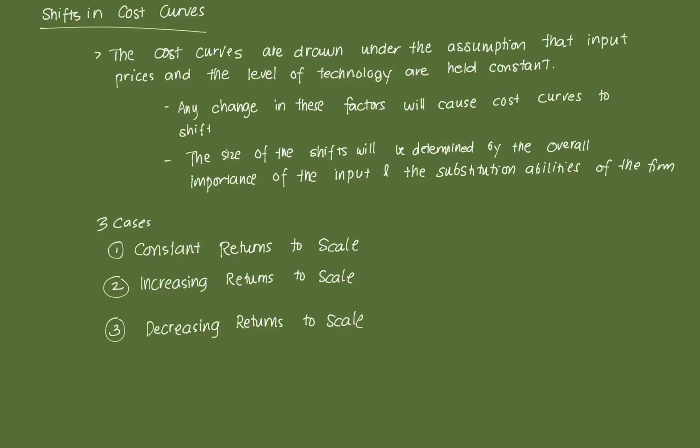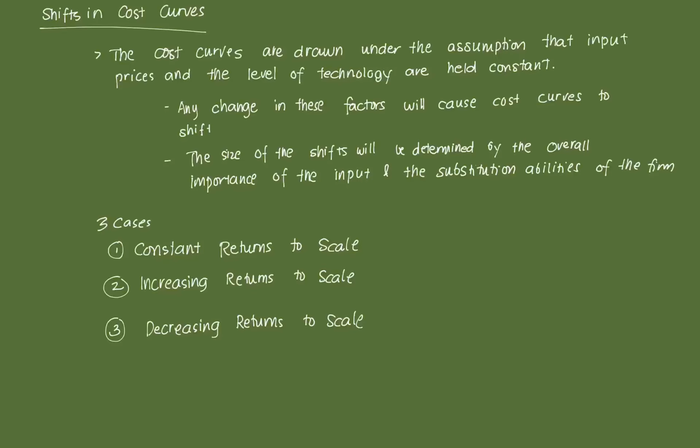So let's start. The cost curves, which is essentially the graph for a cost, are drawn under the assumption, for now at least, that input prices and the level of technology are held constant. As such, any change in these factors will cause cost curves to shift, that is, go up or down.